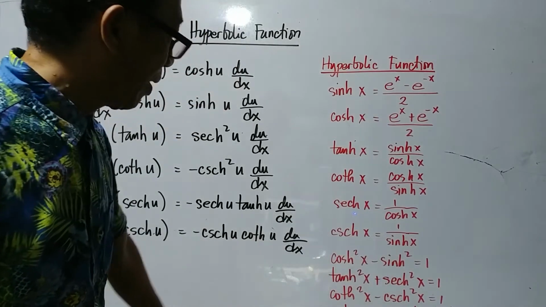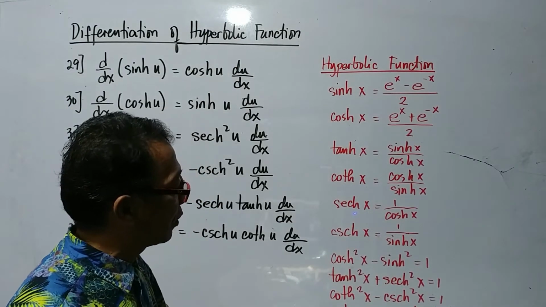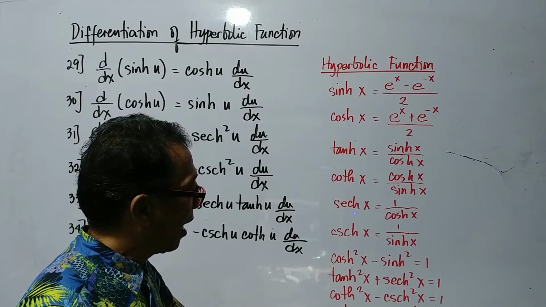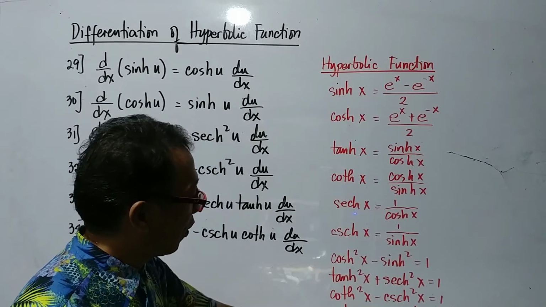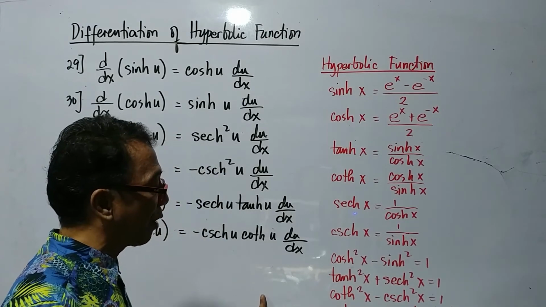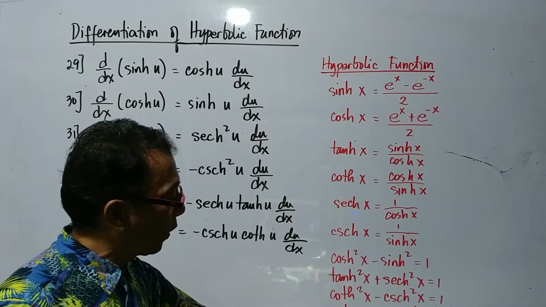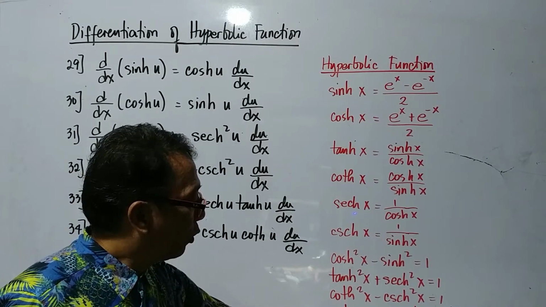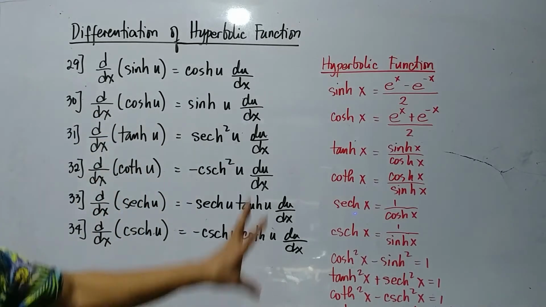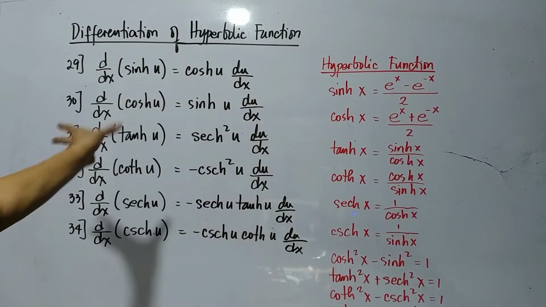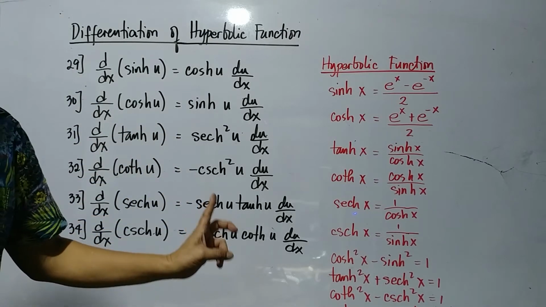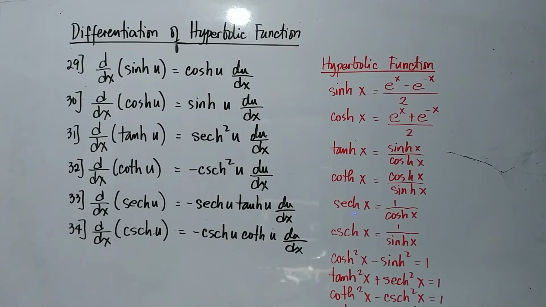And the hyperbolic cosine 2x is equal to the square of the hyperbolic cosine x plus the square of the hyperbolic sine x, or it is also equal to 1 plus 2 times the square of the hyperbolic sine x, and it is also equal to 2 times the square of the hyperbolic cosine x minus 1. So all these things will help a lot in the interpretation of any problem involving hyperbolic functions. Okay?